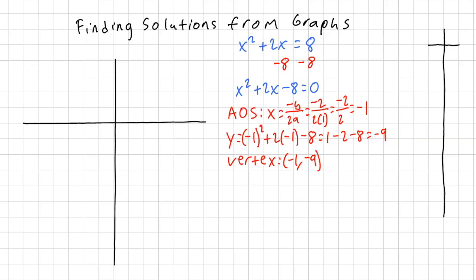And I've already set up my t-table over here. So I have negative 1, negative 9. That's my vertex. Center of the t-table, center of the graph. Next, y-intercept. Y-intercept is when x is 0.